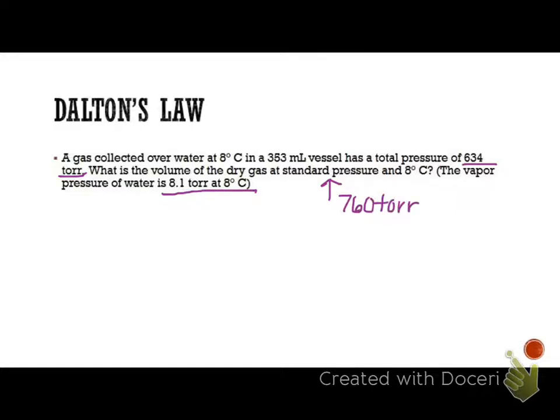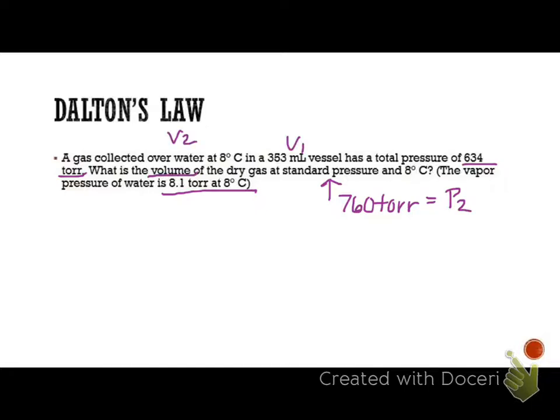So what we need to do is figure out the corrected pressure. This will end up being our P2, and because it's asking for volume, we're looking for V2, and we started with V1.